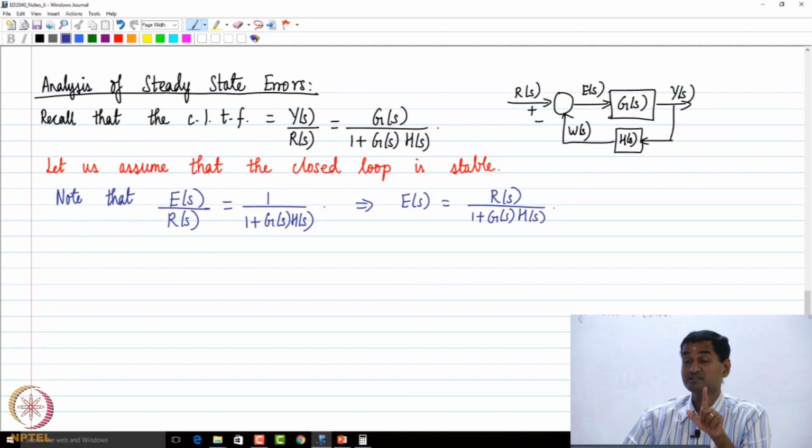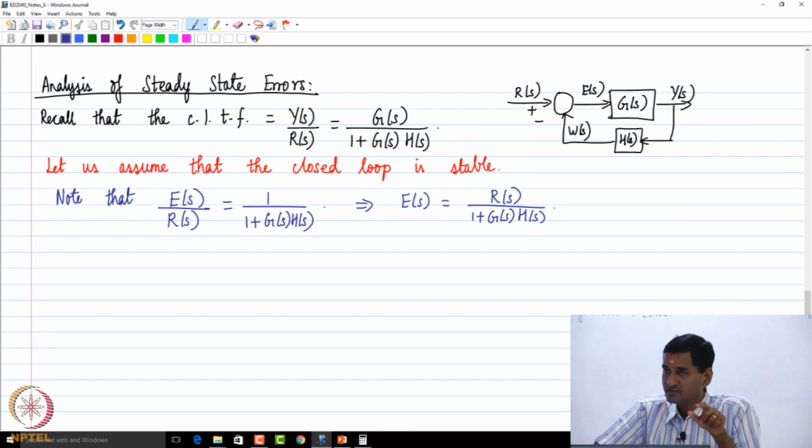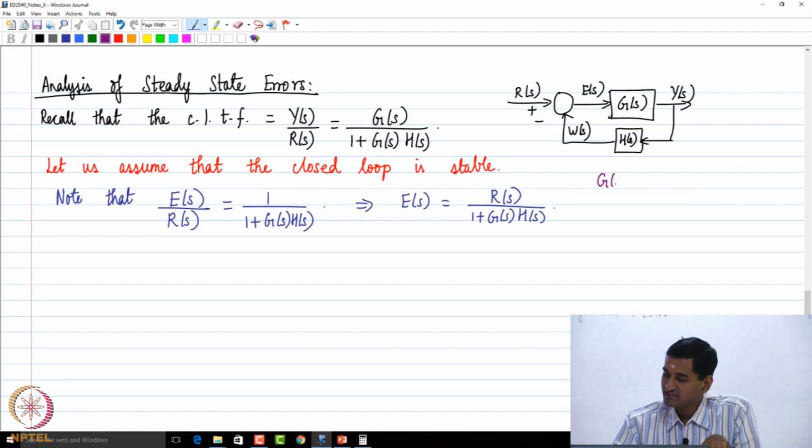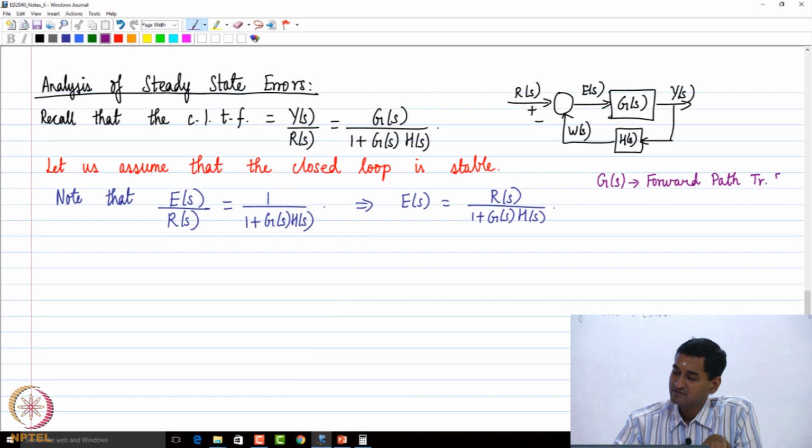So, what is the name that we associate to the function G of S multiplied by H of S? Open loop transfer function. Let me write it down once. G of S is what is called the forward path transfer function.